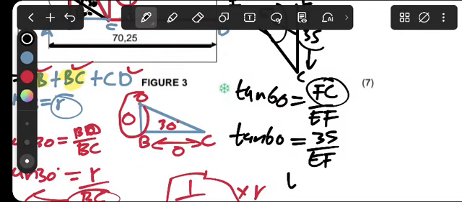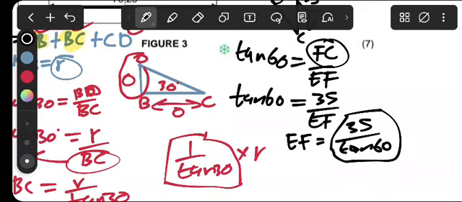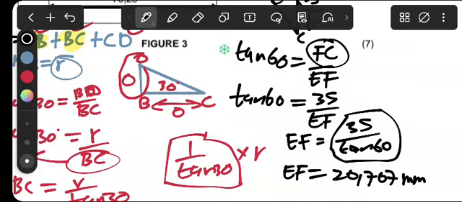If you want EF, it will be 35 divided by tan 60 degrees. So if we punch this, EF will equal 20.107. Obviously this must be millimeters. So we have EF now.